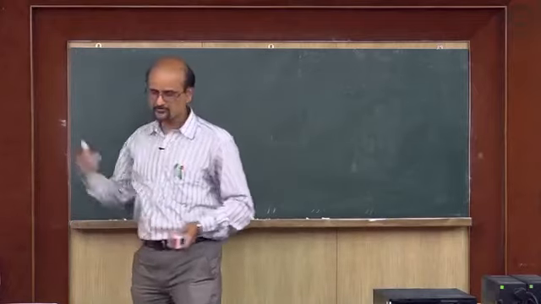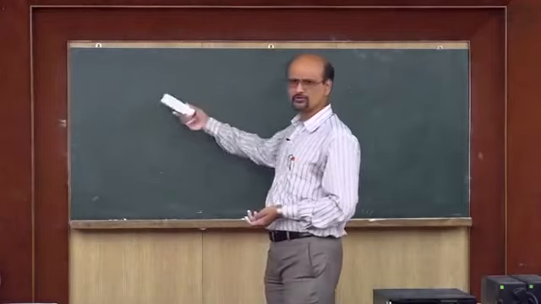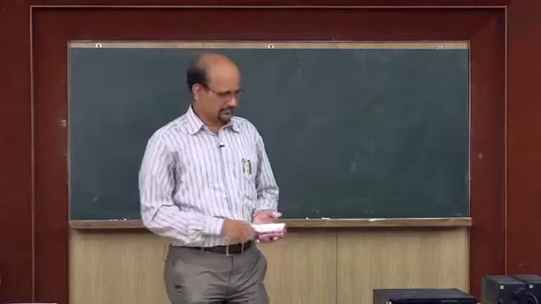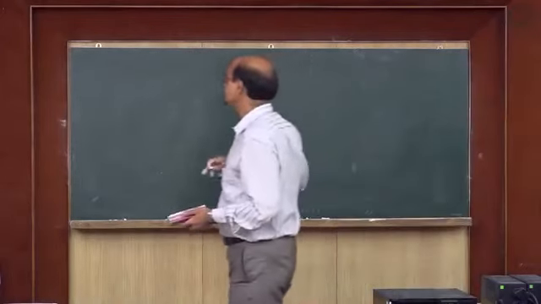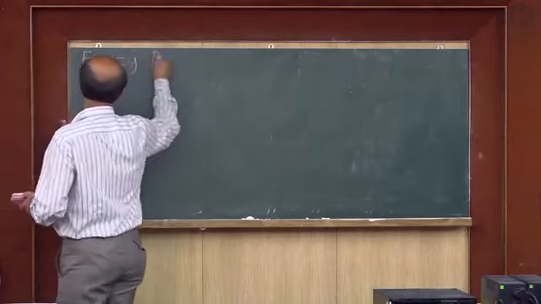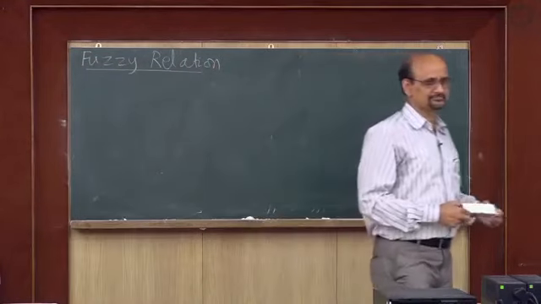Similarly I can have it for different values of x also, 3, 4 or whatever depending upon your membership functions. Okay. Now let us come to the next section, that is relation. Relation you have read earlier, or not? Crisp relation.